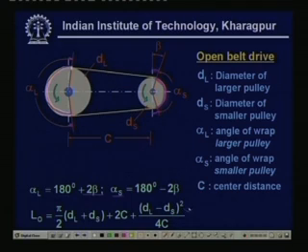This is the belt length, meaning the entire belt length comes out in this fashion.